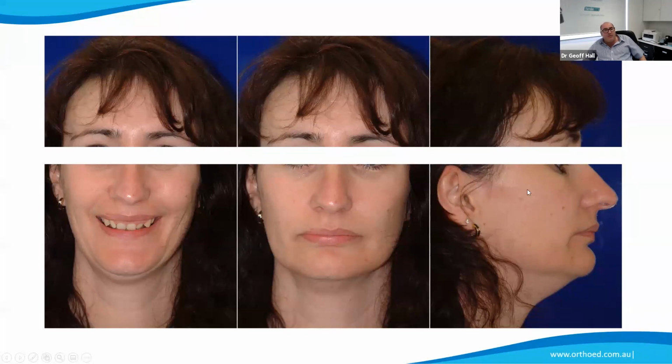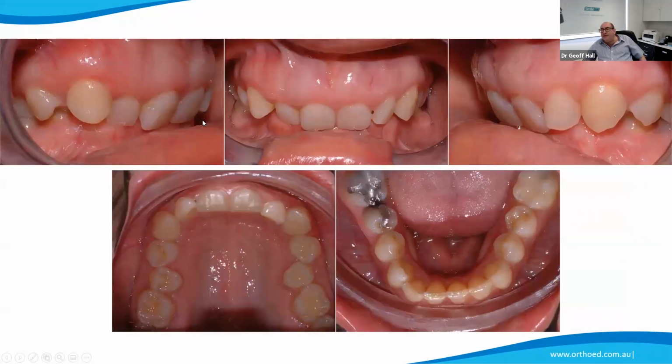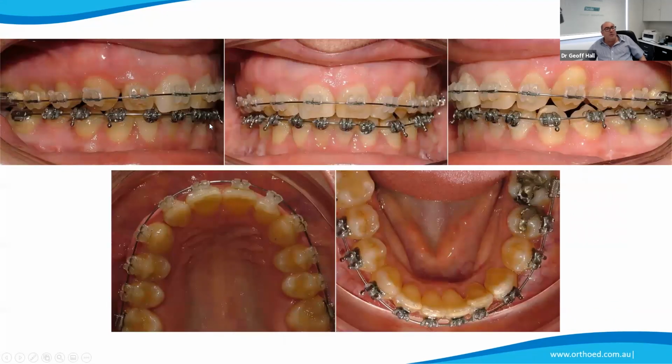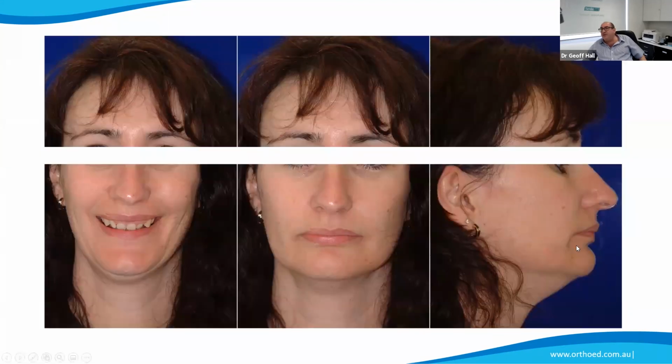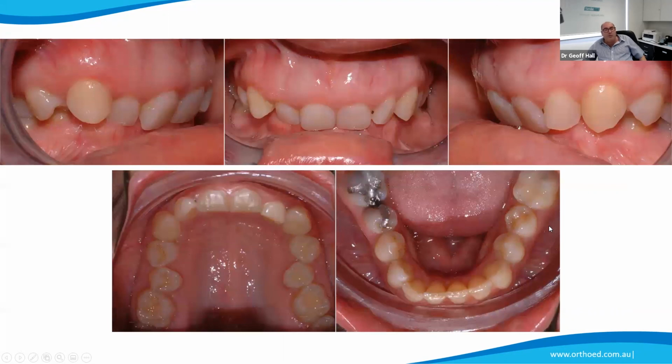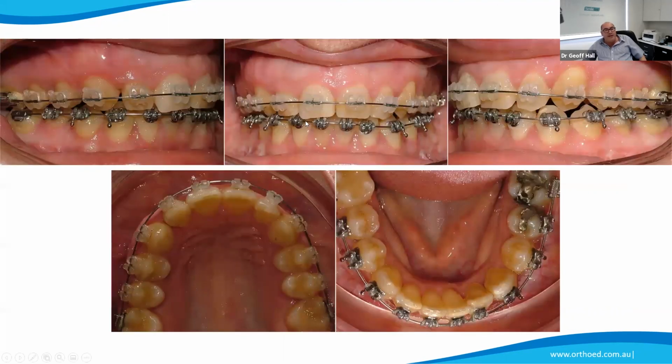So she started off, and you've got to say that's a pretty traumatic occlusion. So we've gone ahead and we've done a combination of braces and orthodontic surgery. So sometimes these patients with deep bites, worn dentition, may require an interdisciplinary approach that does require orthodontic surgery. So we can then set her occlusion up perfectly.